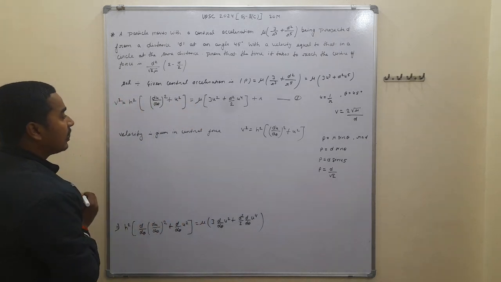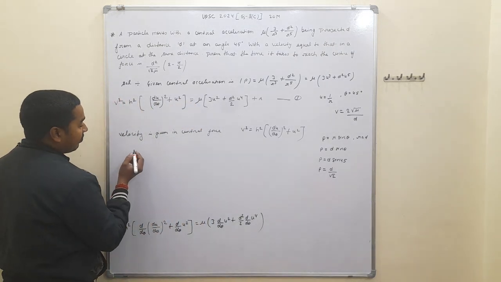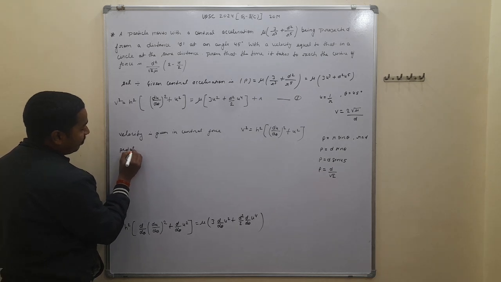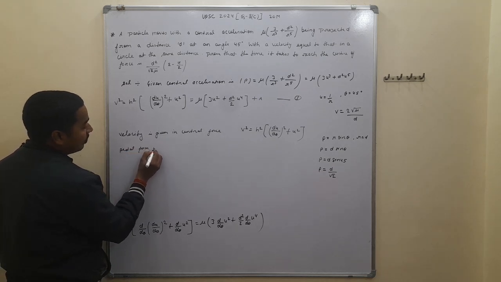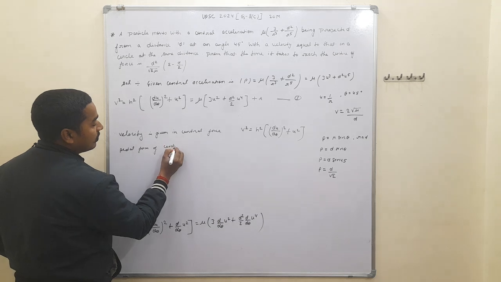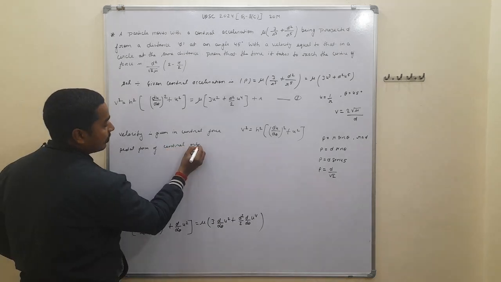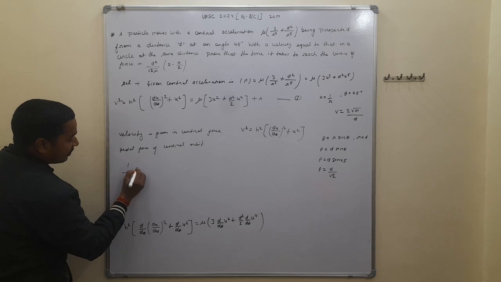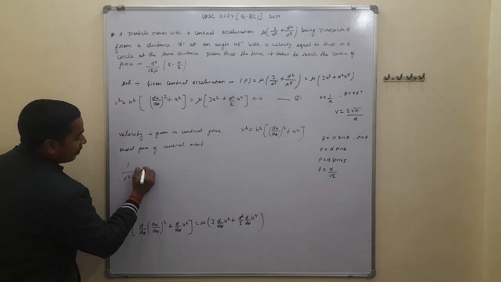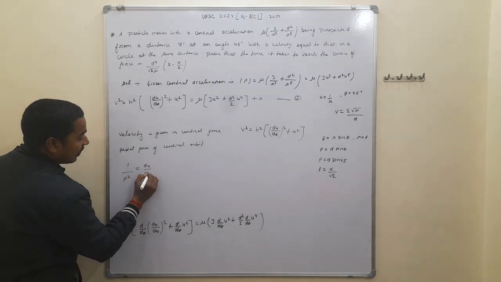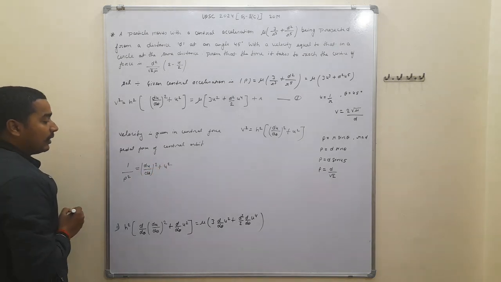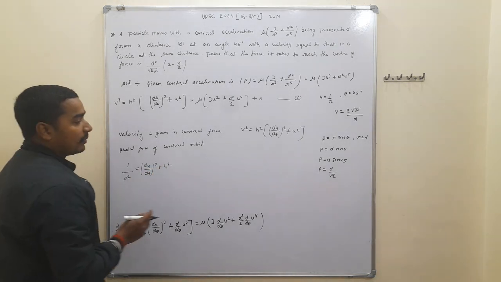And we know the equation of the pedal form of the central orbit, that is 1 upon p square is equal to (du upon d theta) whole square plus u square. And from here we can put the value of p.